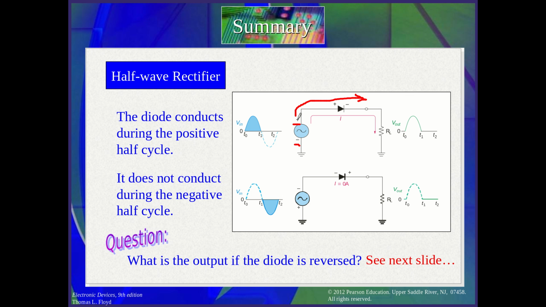In the positive half cycle we will see plus minus, in the negative, minus plus, so it is going through a transition from this side to this side as it goes up and down in the AC signal.